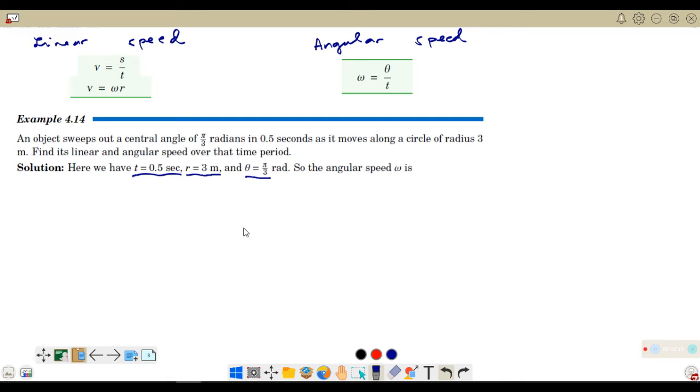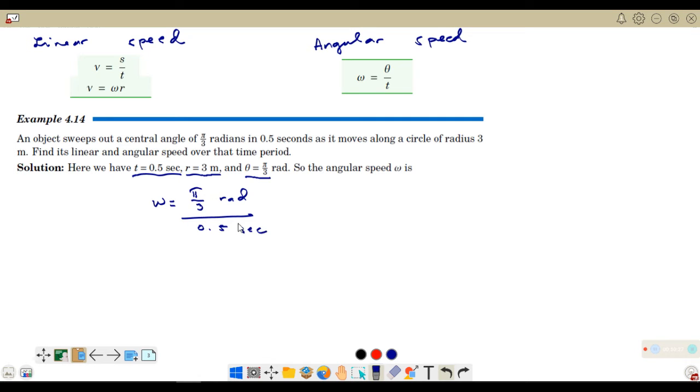So, the angular speed, omega, since we have here theta and t, we will get pi over 3 radians over 0.5 seconds.